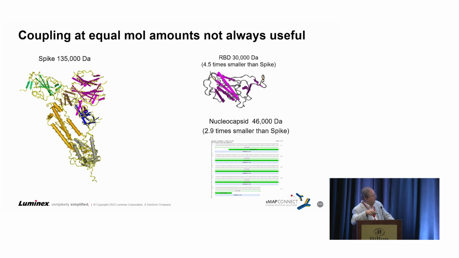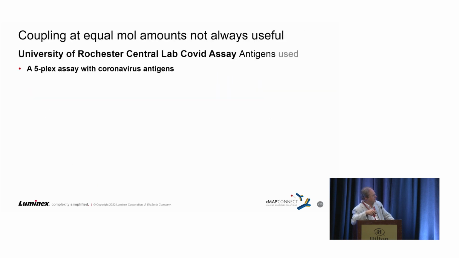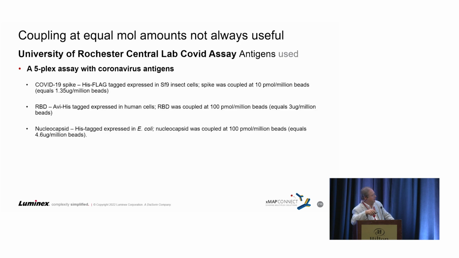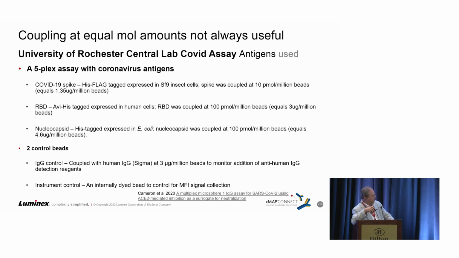But anyway, what we did when we developed the assay was a 5-plex assay where 3 of the beads were specific for the spike, RBD, or nucleocapsid. And we coupled the spike at 10 picomoles per million beads and the 2 smaller proteins at 100 picomoles per million beads. And then the control beads we had in there were an IgG and an instrument control bead.